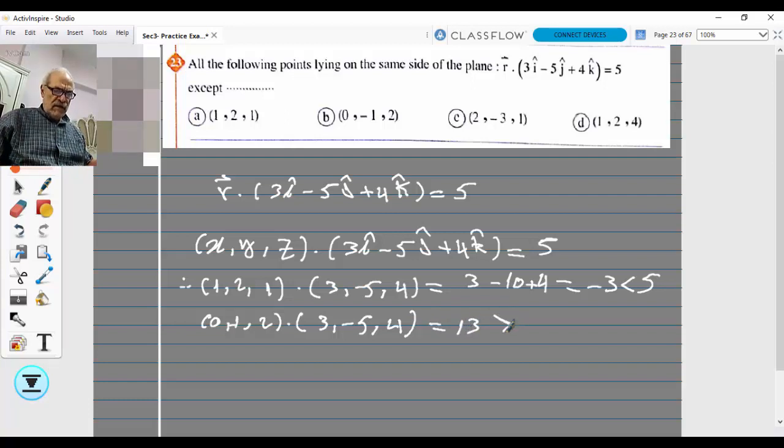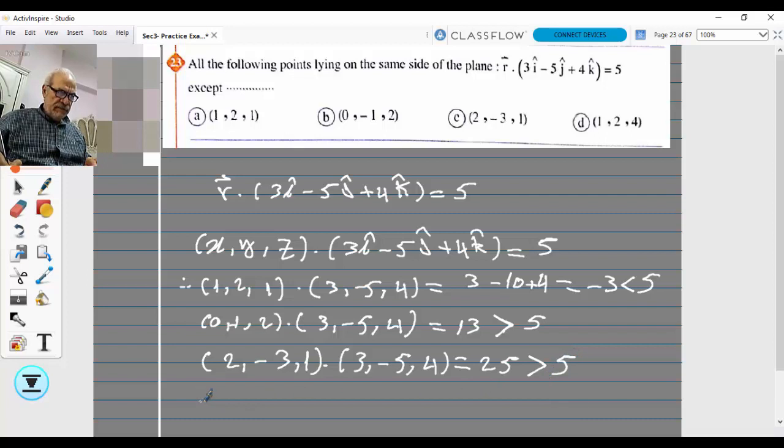It is greater than 5. And with respect to the point at C, we have (2, negative 3, 1) dot (3, negative 5, 4). The result equals 25. It is greater than 5.